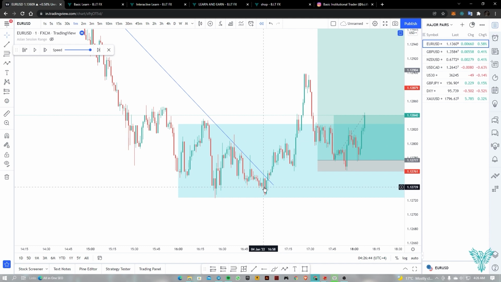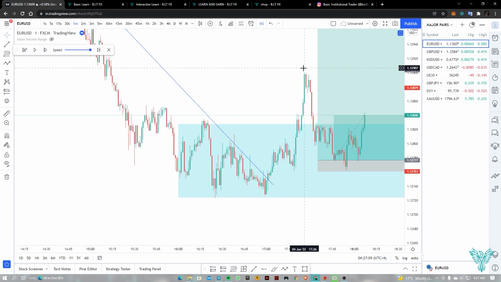Did it generate a strong enough move? We can clearly see it wasn't strong enough to break any of these major structures. Again, coming back to this candle, was it a strong enough order block to create a strong enough push? Exactly the same answer, no. So the last option is this order block right here, which was a strong order block and which generated a strong push.